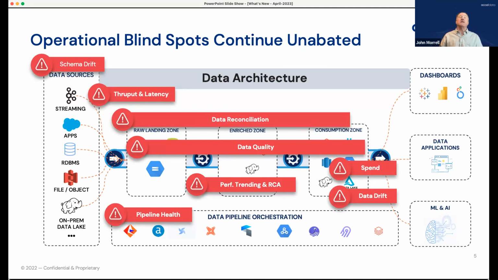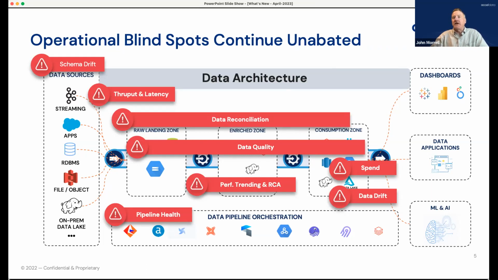Whether it's also in and around understanding how your data pipelines are working and are they working effectively? Are they breaking down? And if they are breaking down, what are some of the problems with that? There's also performance issues that you need to look at on an operational side, because that impacts things like your throughput and your latency, or whether or not the data actually got to the right people at the right time.